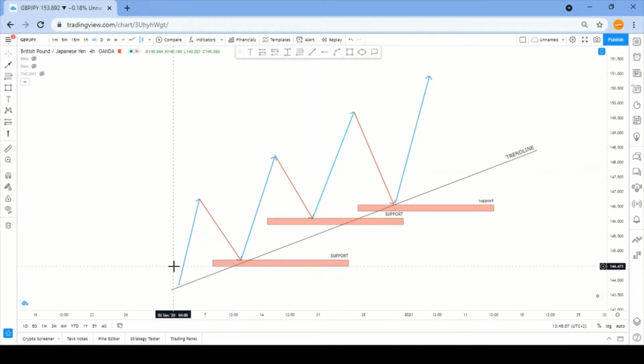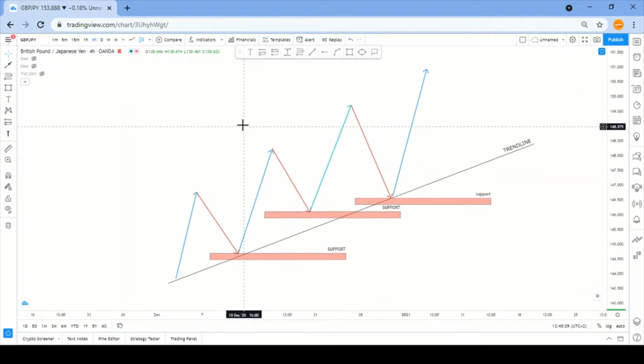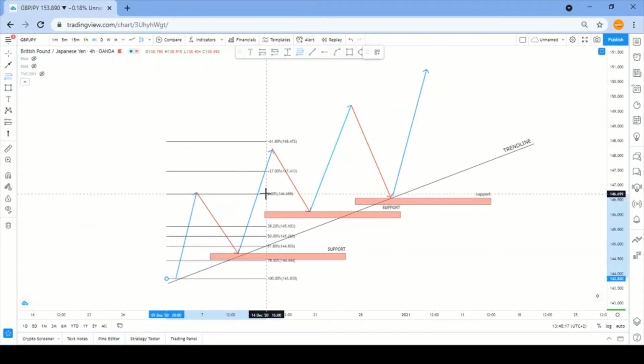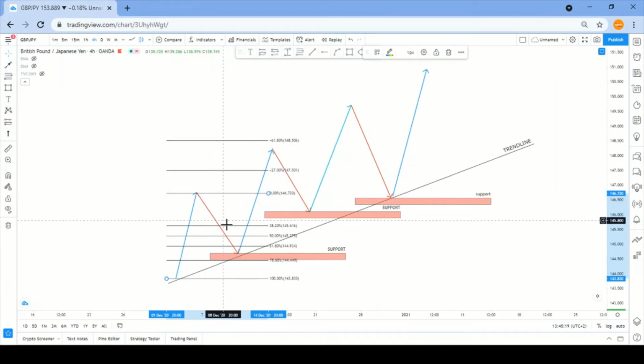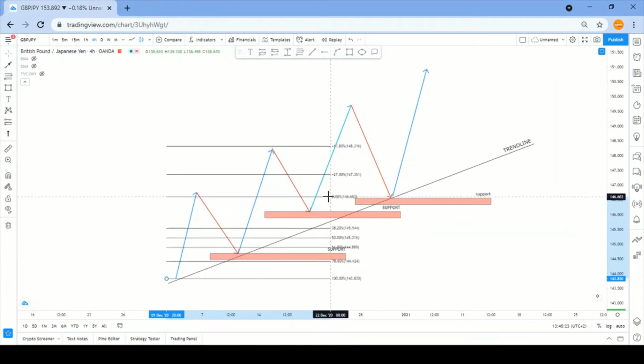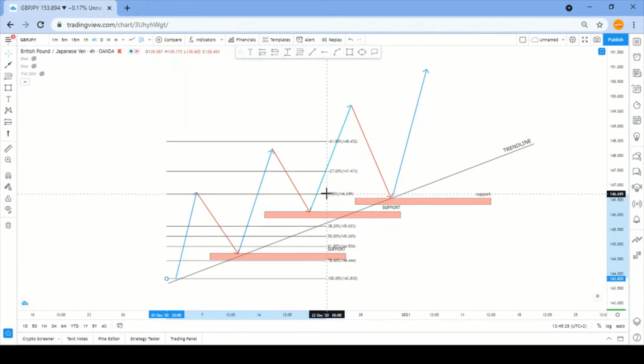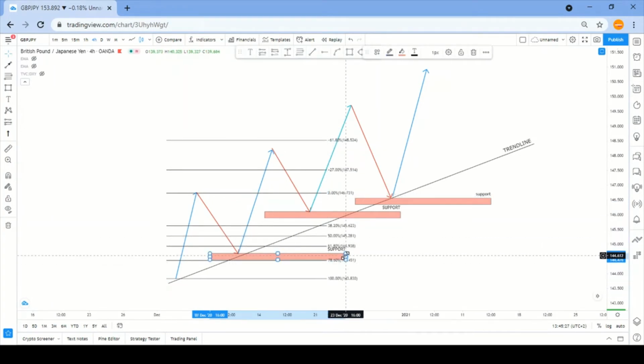So let's say there's an uptrend and I want to take my Fibonacci. I place my tool at the bottom where the uptrend begins, and I take it to the top where the uptrend ends, and this is what we call a pullback, right? Now I'm just going to extend this Fibonacci so that we can see the levels clearly to the up. And this is all hypothetical levels once again, guys.